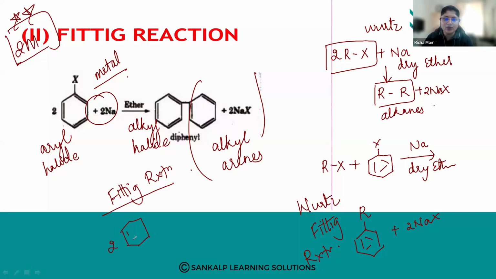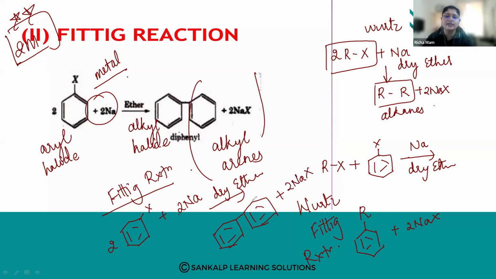We react it with 2Na in the presence of dry ether. What we are going to get, plus 2NaX. Is it clear? So this is a Fittig reaction.